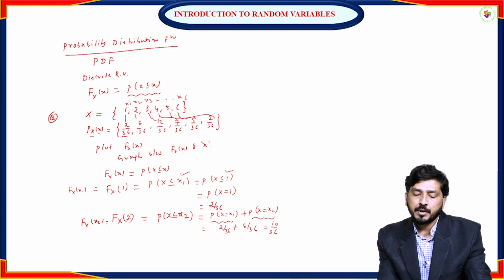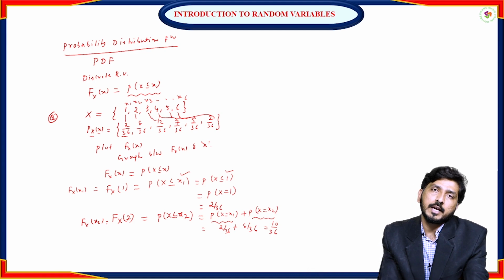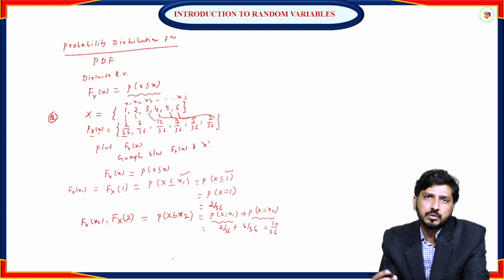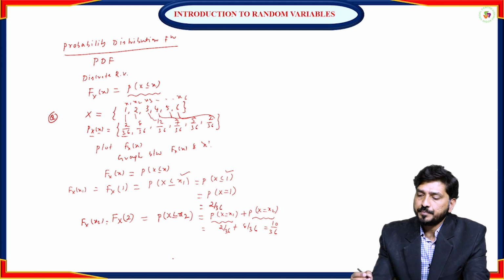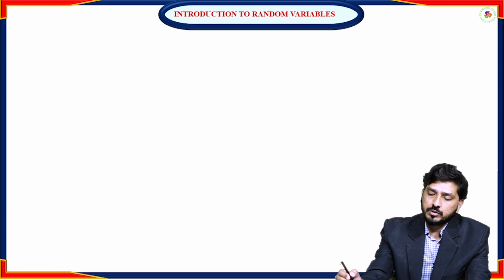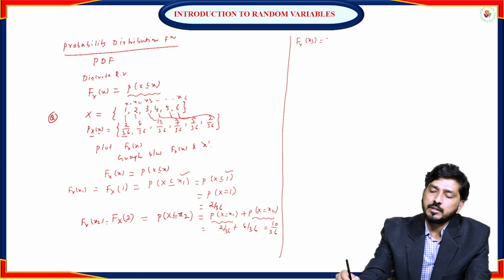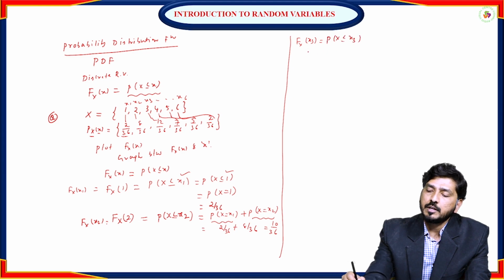This is the distribution function at the second element, X equal to x2, where x2 is equal to 2. Now we move on to F_X of x3, and similarly you follow the same thing. F_X of x3 is equal to probability X less than or equal to x3, where x3 is equal to 3.